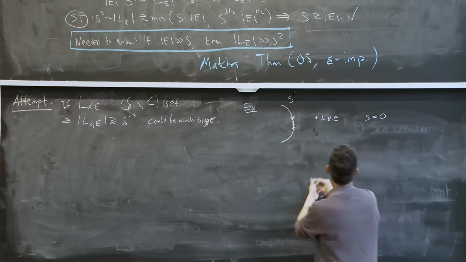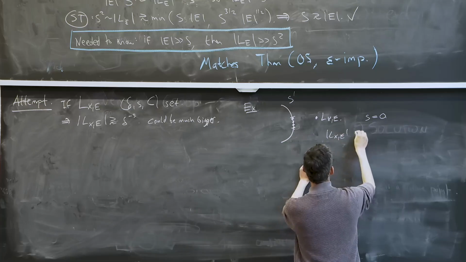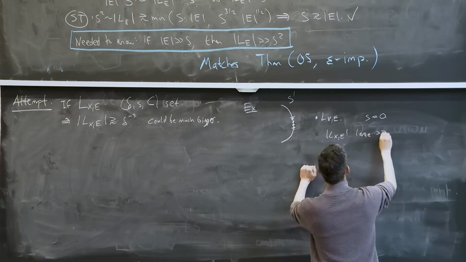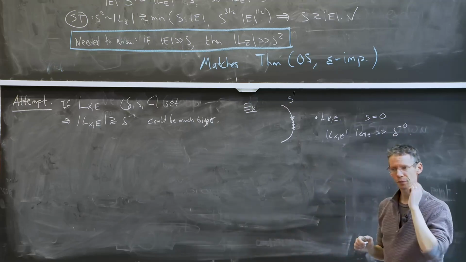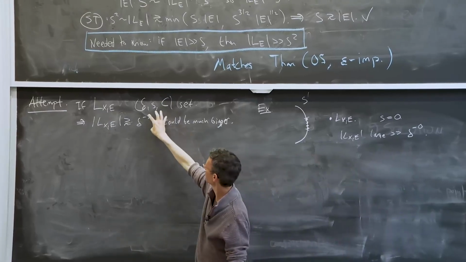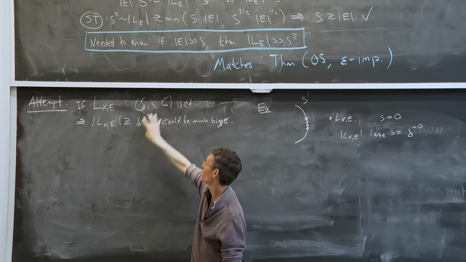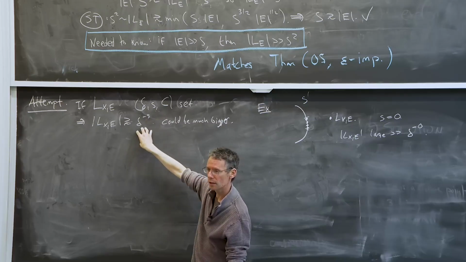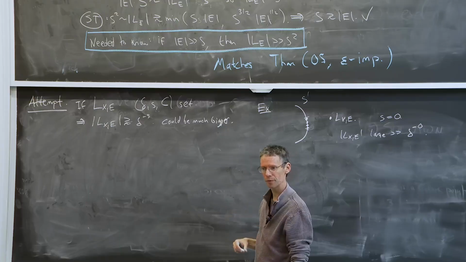On the other hand, the cardinality of L_x^E in this picture is large. And in particular, it's much larger than delta to the minus 0. OK, so this s is some non-concentration condition. And non-concentration forces our set to be pretty big. But it could also be much bigger than that if it was kind of clumped.